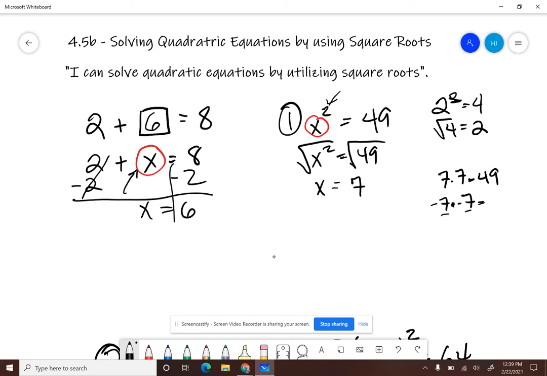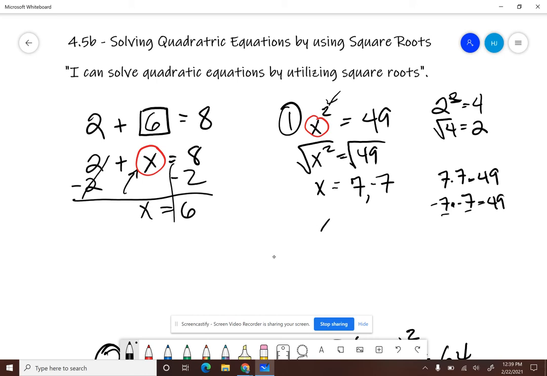Negative times a negative is positive, and 7 times 7 is in fact 49. So although it is 7, when I'm talking about the square root of a number, there are actually 2 different solutions. It's not only 7, but it could also be negative 7, because either one of those, when multiplied times itself, comes up with 49.